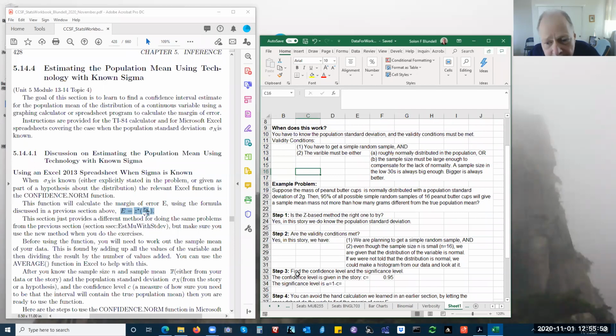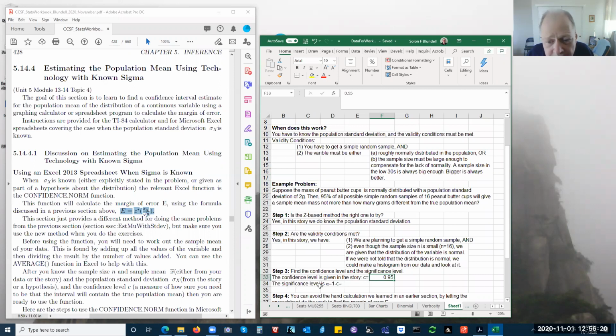Step 3. We're going to look at the story and see the confidence level. We want to be 95% confident that our sample mean is not going to be more than a certain distance away from the truth. 95% confident. So the confidence level, the little c, is 0.95. Now here in step 3, we're going to do our first calculation.